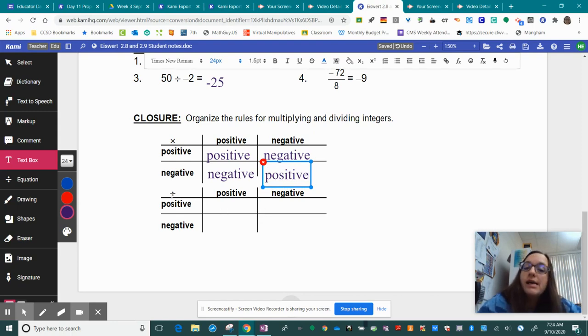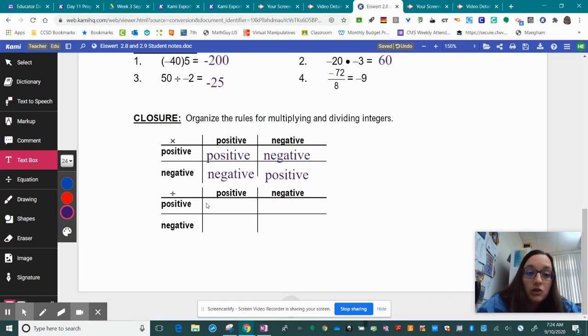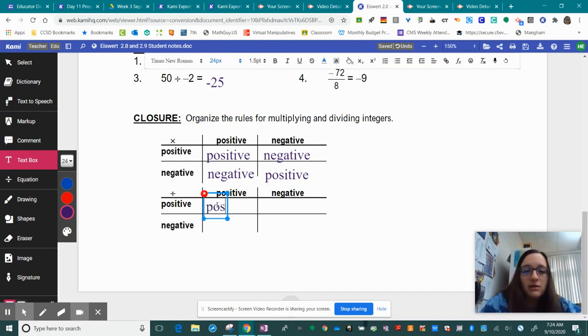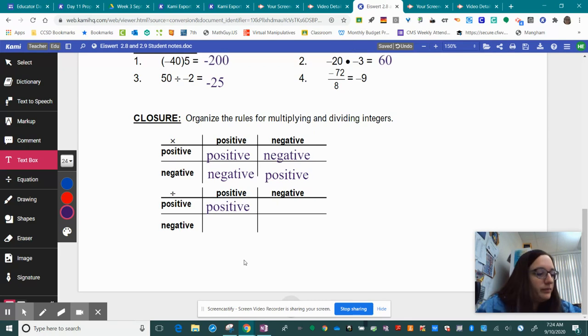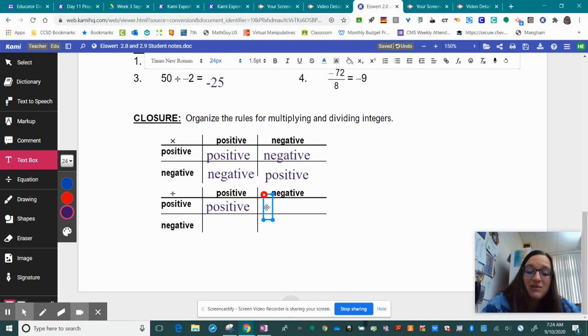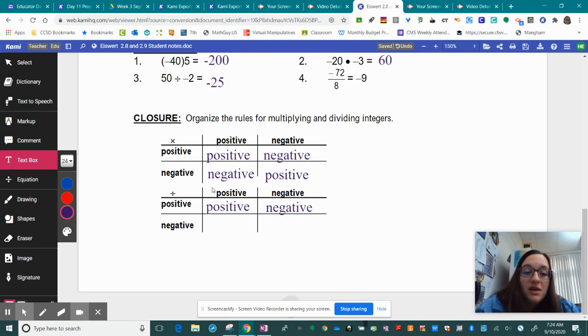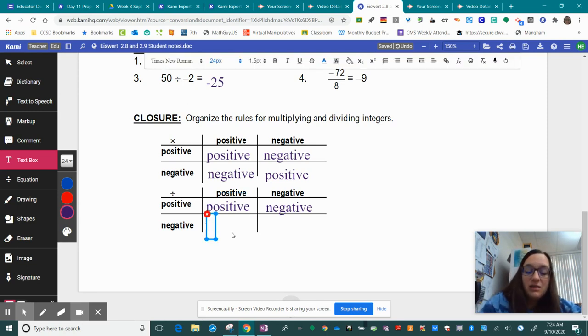That is key. Even when we divide, if they have the same signs, like a positive divided by a positive, just like we've been doing all through elementary school, we still get a positive answer. If we divide a positive by a negative, those are different signs, so our answer will be negative. Then if we have a negative and a positive, those are different signs.